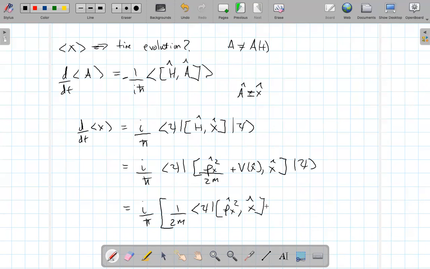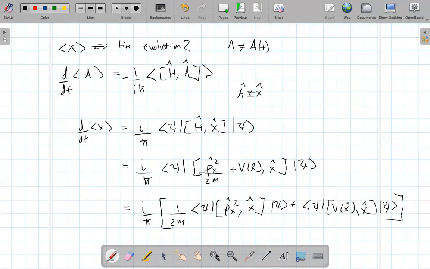Remember, I can break this up into two terms, plus the expectation value of the potential, which is only a function of position, commuting with the position.